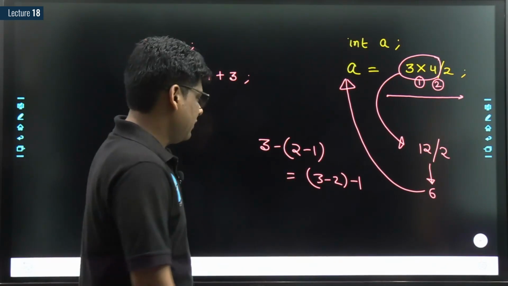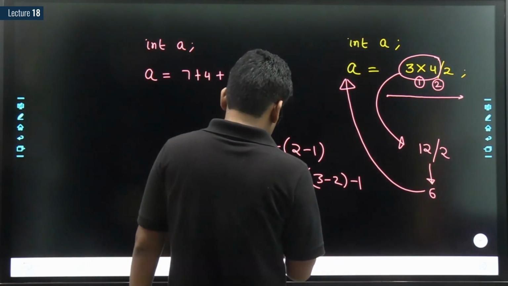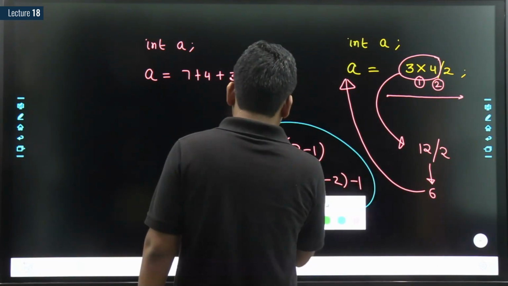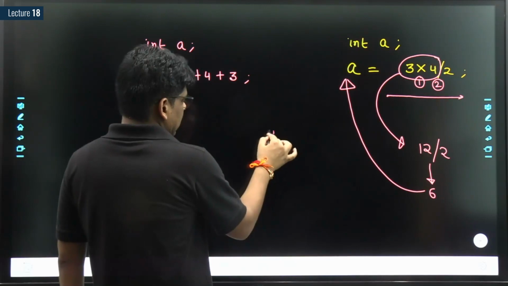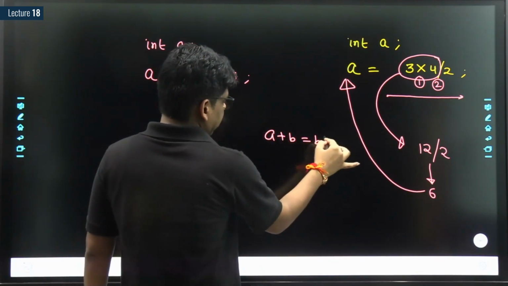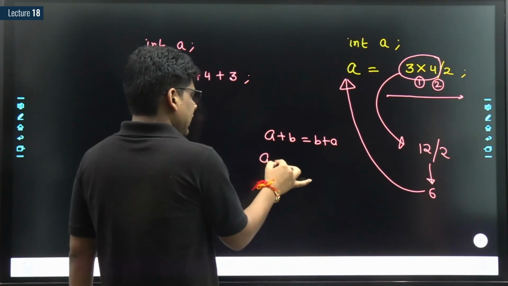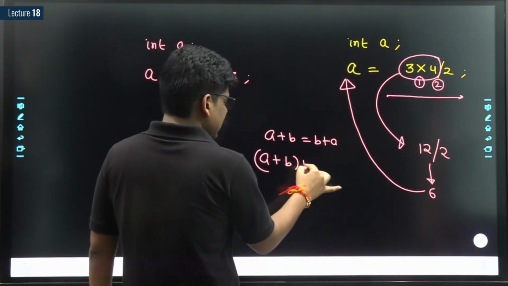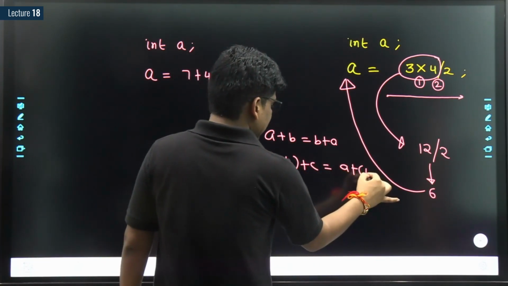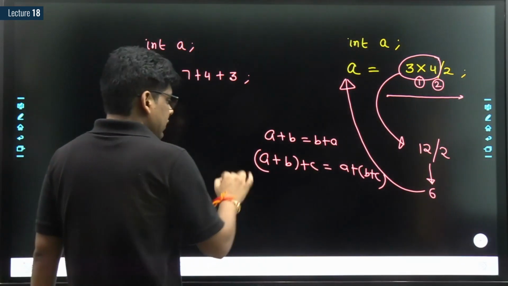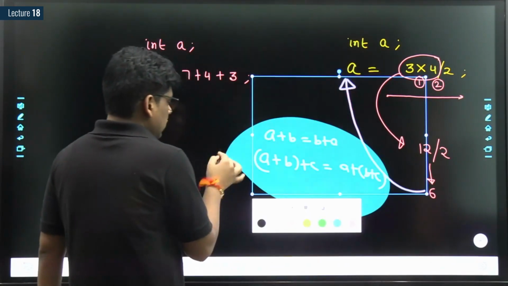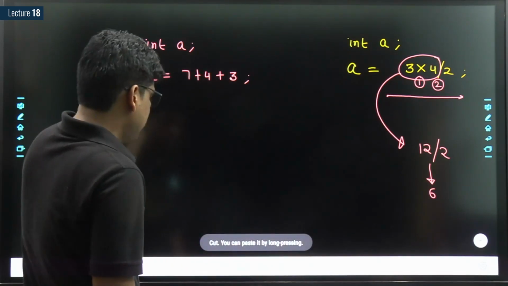Try to understand. Addition is commutative. Even addition is associative. Does it matter how we perform? No, sir. So try to understand how compiler will evaluate this.